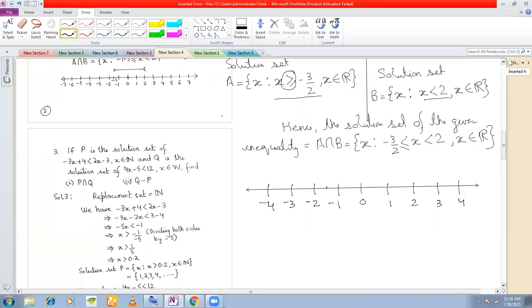So minus 1.5 will lie somewhere over here. Let's say this is minus 3 by 2 here. And so therefore the solution will lie between minus 3 by 2 and 2. So this will be here. Minus 3 by 2 and 2. And where should we give a vertical line? See, equality is associated with minus 3 by 2. So we give a vertical line here. And there's no equality here. So give a curved line here.